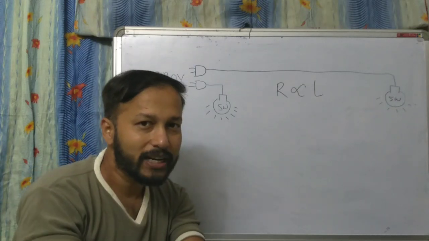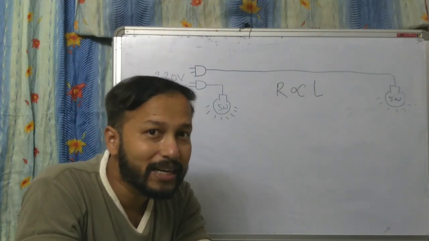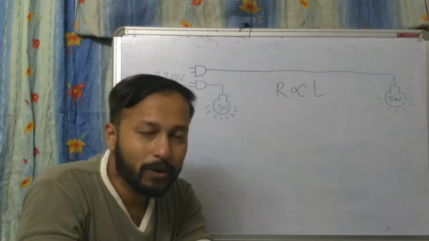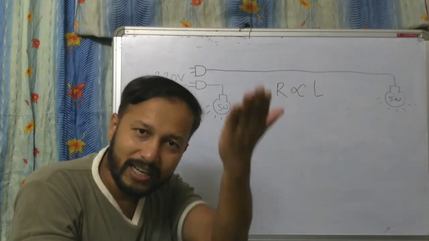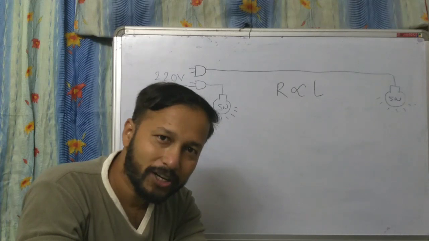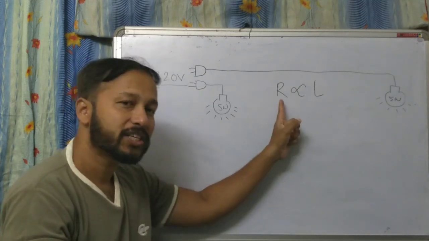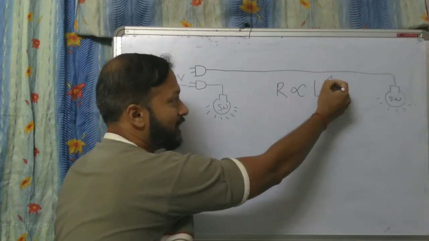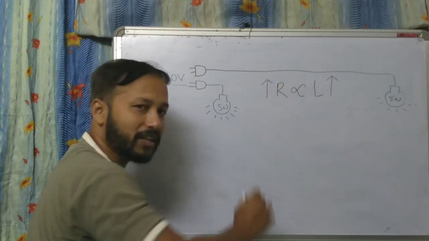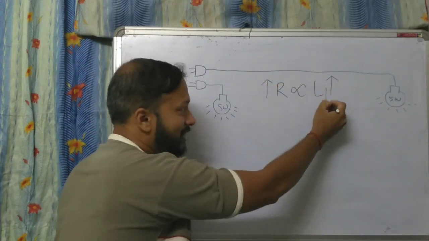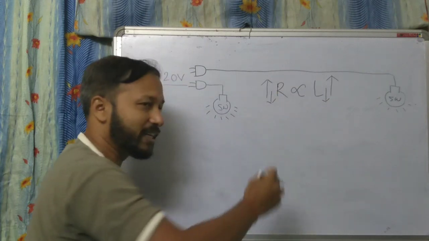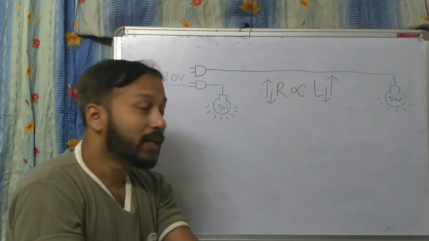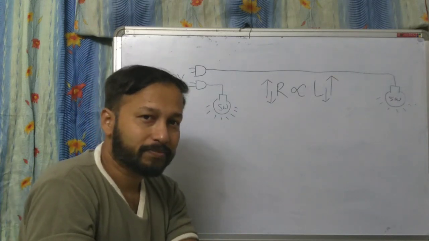As I told you, instead of using a 1 meter wire, if you use a 10 meter wire, obviously the resistance will increase. So that's why we say that resistance is directly proportional to the length. If you increase the length, resistance will also increase. If you decrease length, resistance will decrease. Understood?